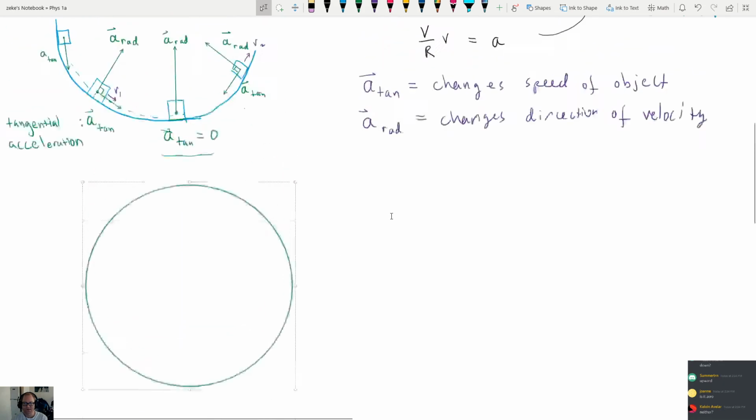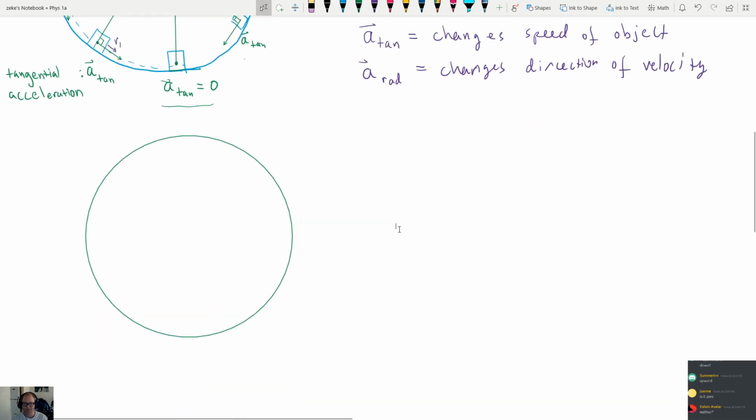So let's apply the same concept that we just talked about to a pendulum. Pendulum might be a little bit easier to understand. I don't know, maybe not. All right, so we're gonna erase most of this circle, and let's say we'll go down to right about there.